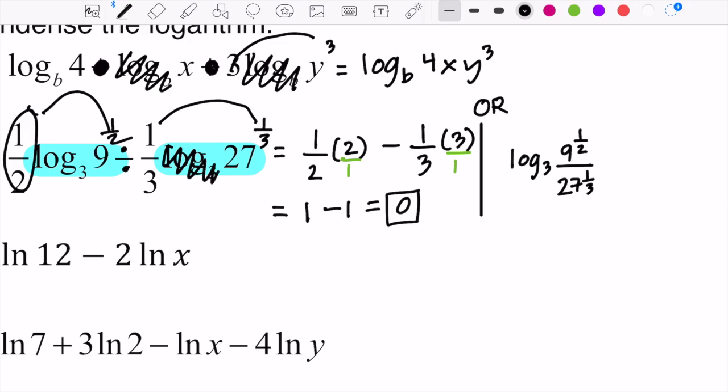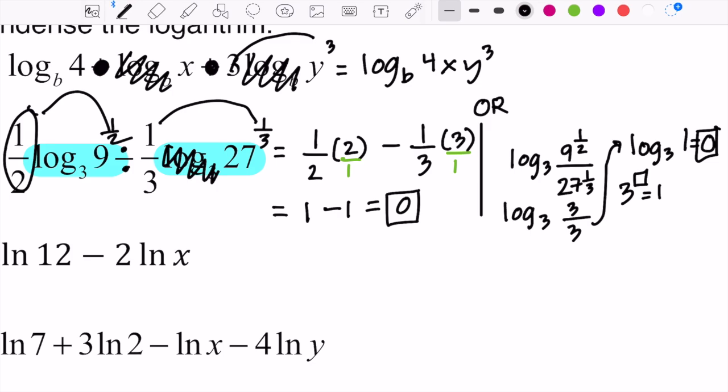So then we would simplify. That's going to be log base 3 of 9 to the 1/2 is 3, 27 to the 1/3 is 3. So that's log base 3 of 1, which is 3 to what power equals 1, and that's 0. So there's two different ways. There was a shorter way, but depending on what mode your brain is in, you might have done the other way.